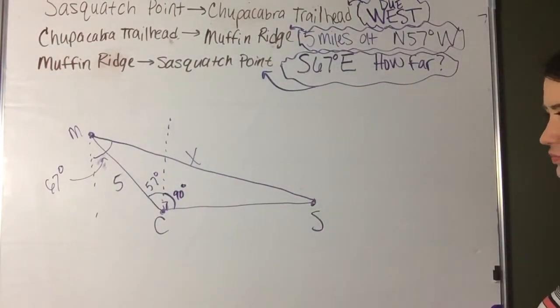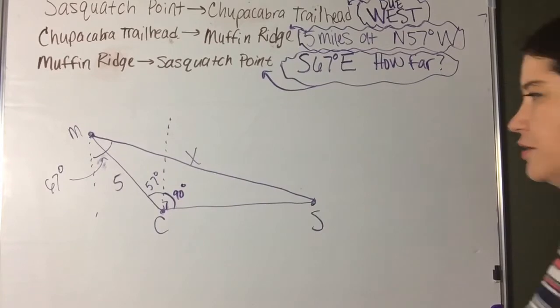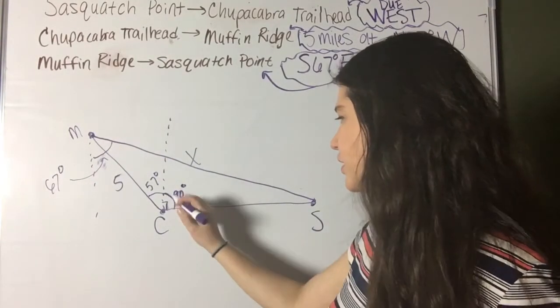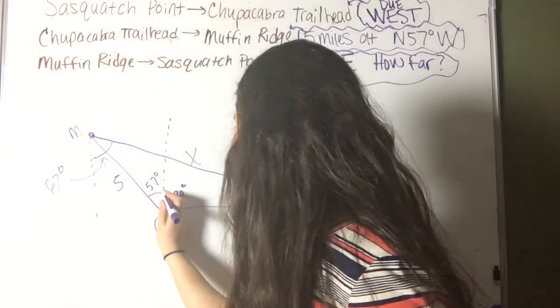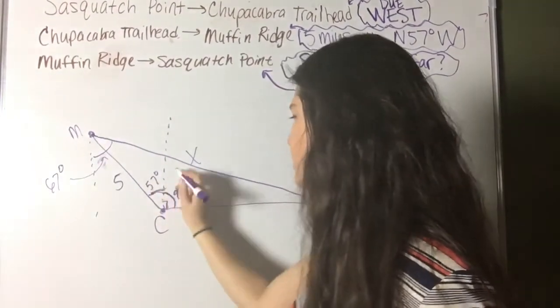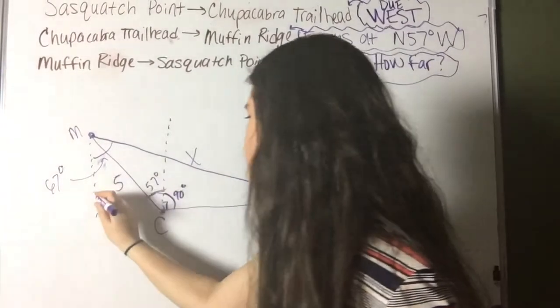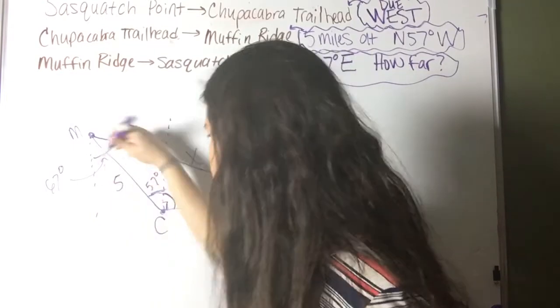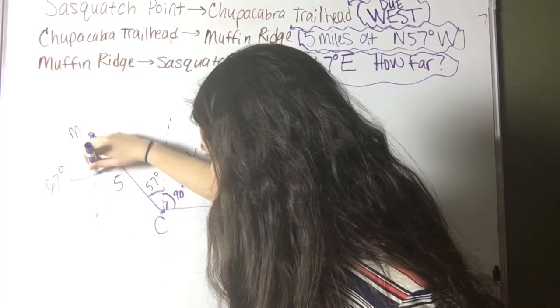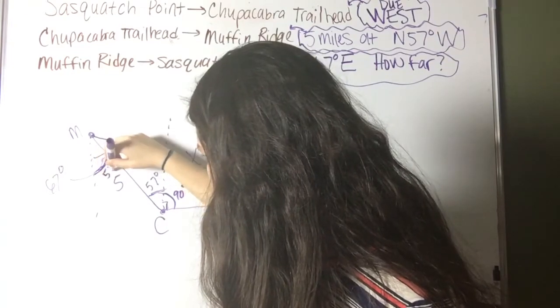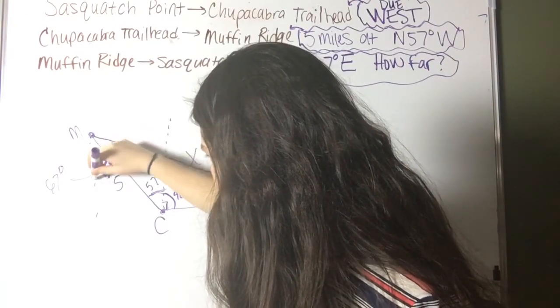Also, if this angle right here is 57 degrees, that means that this angle right here needs to also be 57 degrees.